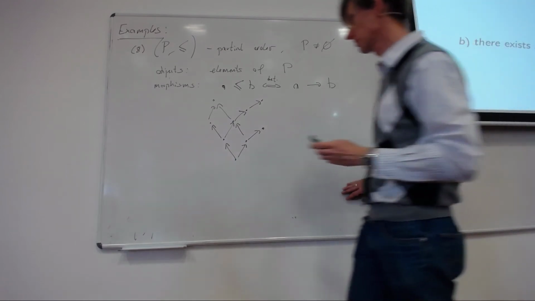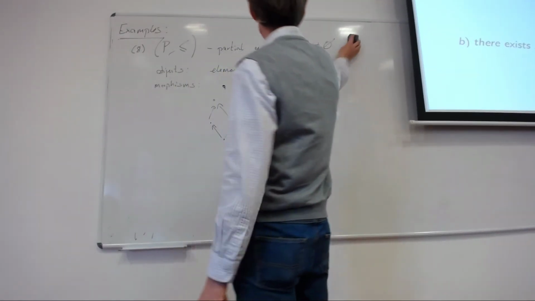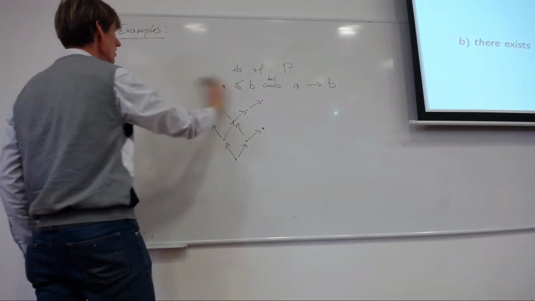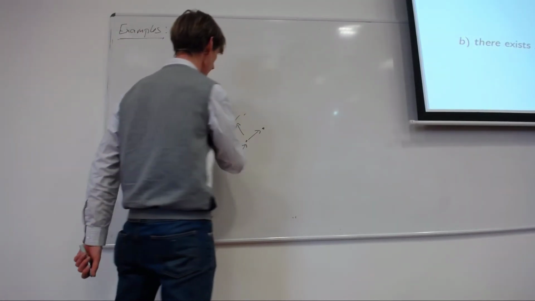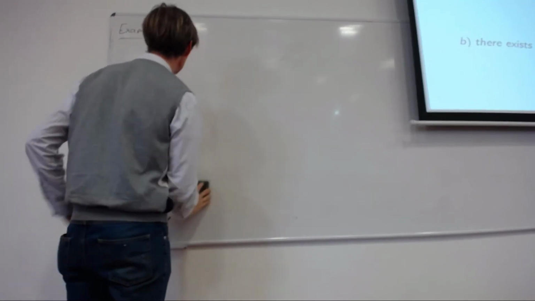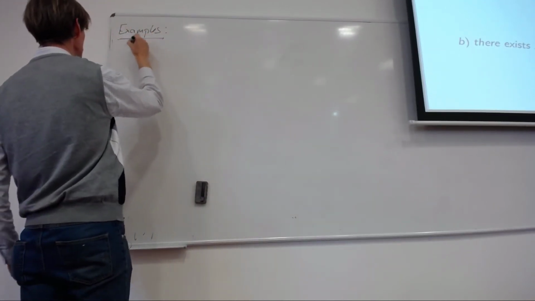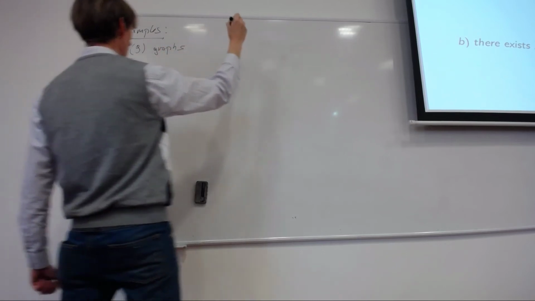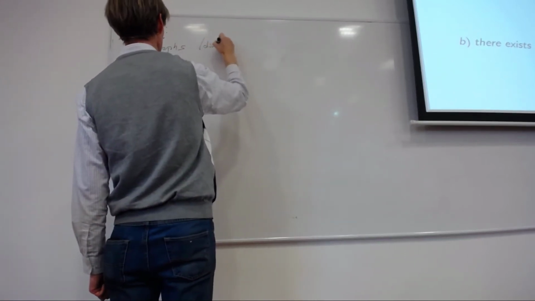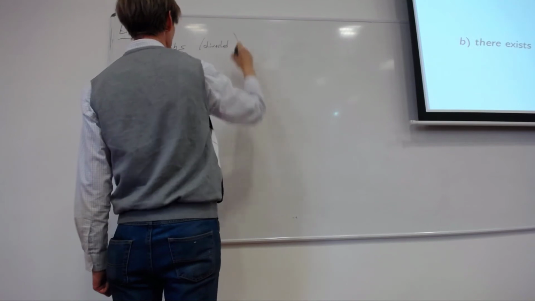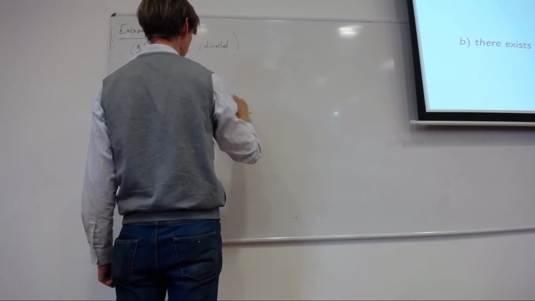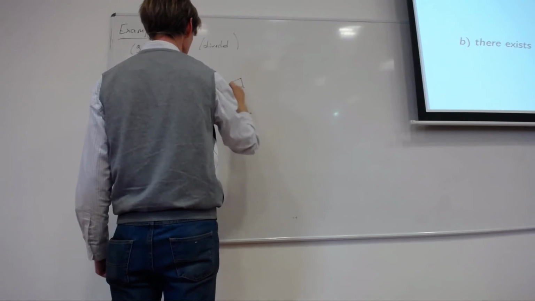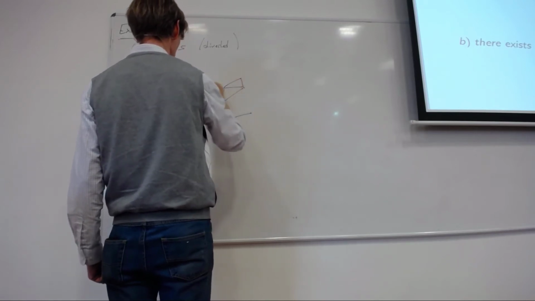We don't have to restrict to partial orders. We can basically look at any directed graph. So we can think about some directed graph of some sort, which is not a partial order.